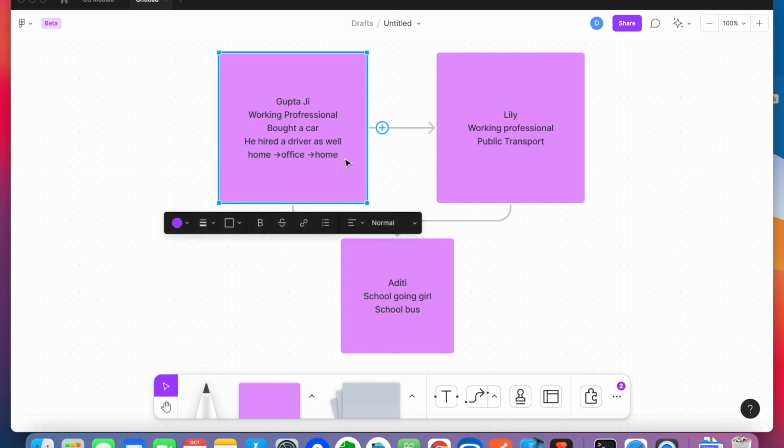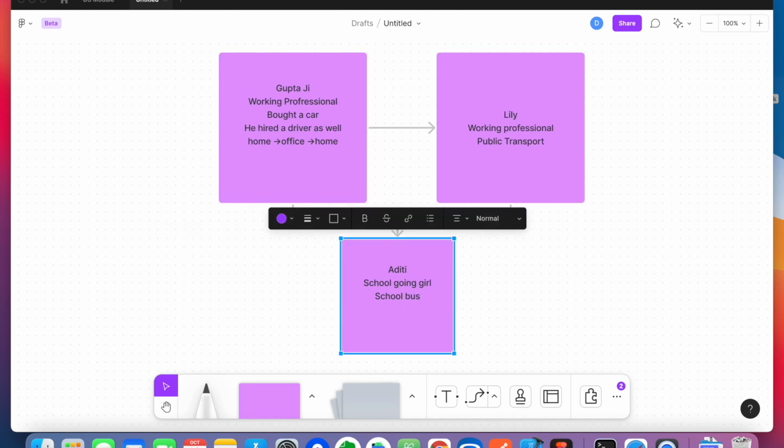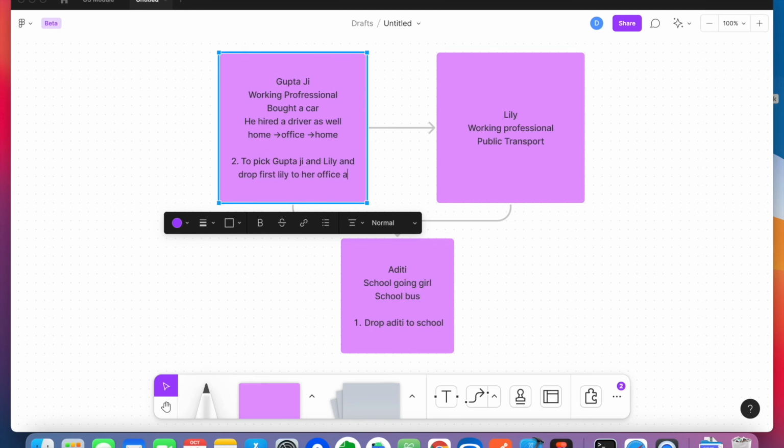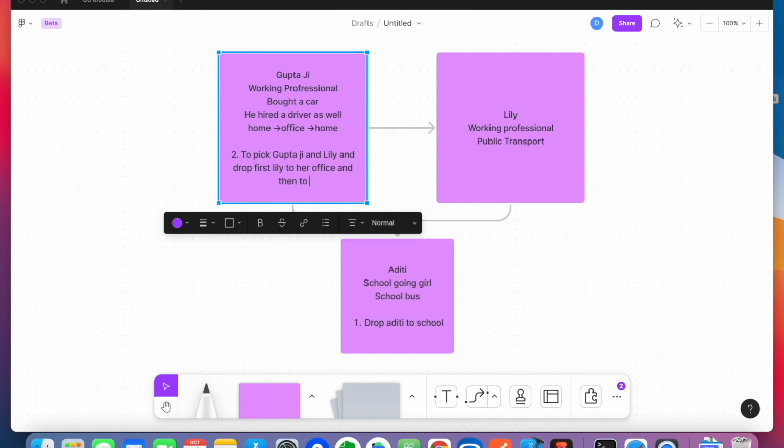So he asked his driver, first thing in the morning, to drop Aditi to school, and second, to pick up Gupta ji and his wife Lily and drop first Lily to her office, and then Gupta ji to Gupta ji's office.